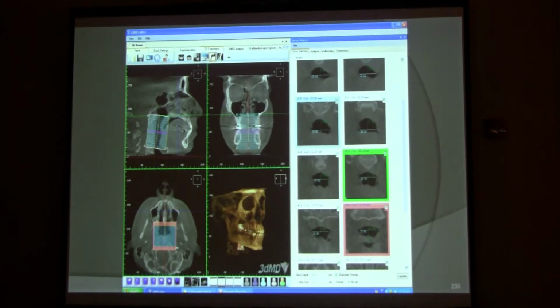From 20 to 30, it stabilizes and stays the same. From 30 onwards, what do you think happens? It gets a hell of a lot smaller. And by 40 or 50 or 60, they have the airway of a 12-year-old.